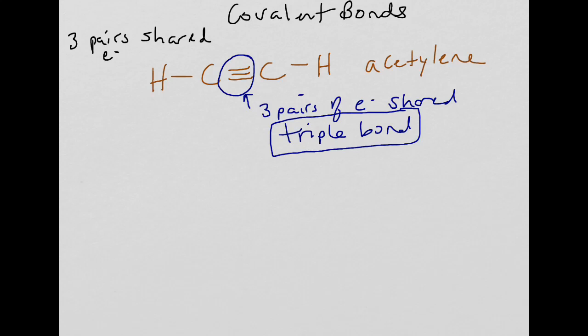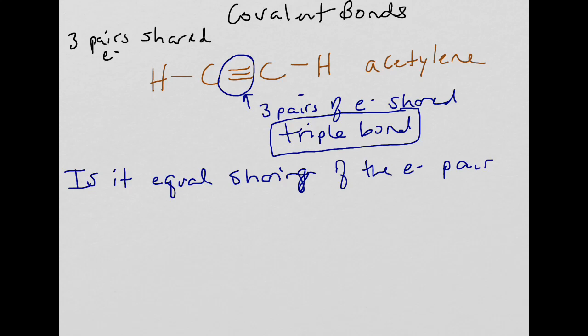So then you have to ask yourself about the sharing. Is it equal? Is it equal sharing of the electron pair? Okay, so does one of the atoms get to have those electrons more than the other atom, or are they sharing them equally?